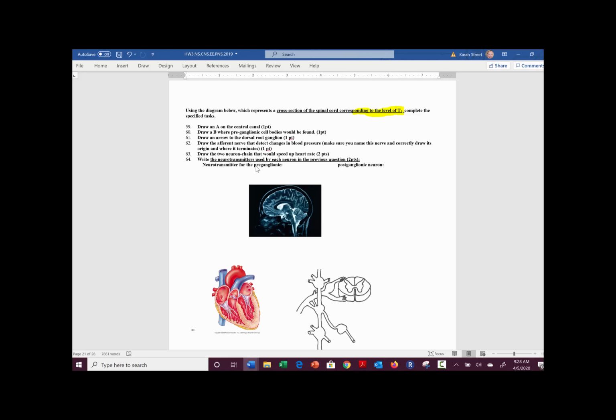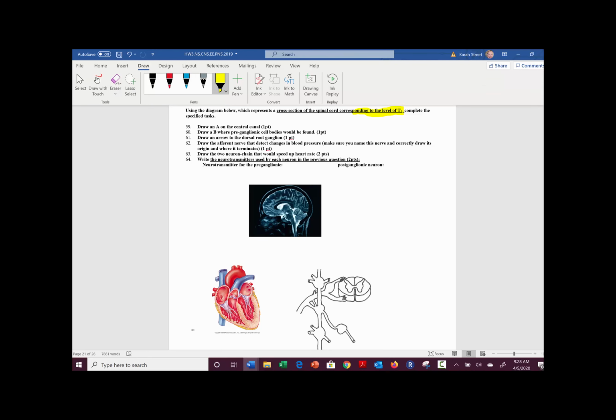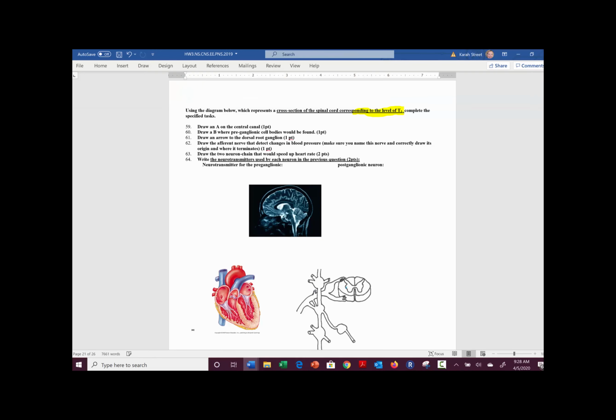Draw an A in the central canal. I'm not going to do that because it'll make my picture too messy. Draw a B where preganglionic cell bodies would be found. Okay, well, if I'm doing this on the spinal cord, preganglionic cell bodies would be found in the intermediolateral cell column. Draw an arrow to a dorsal root ganglion. Okay, well, that's the dorsal root ganglion right there.